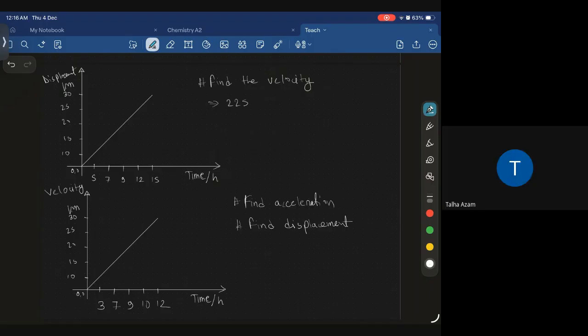Would you do the change in displacement over change in time? Yeah, I have to do that because that's the gradient, right? I have to find the gradient.